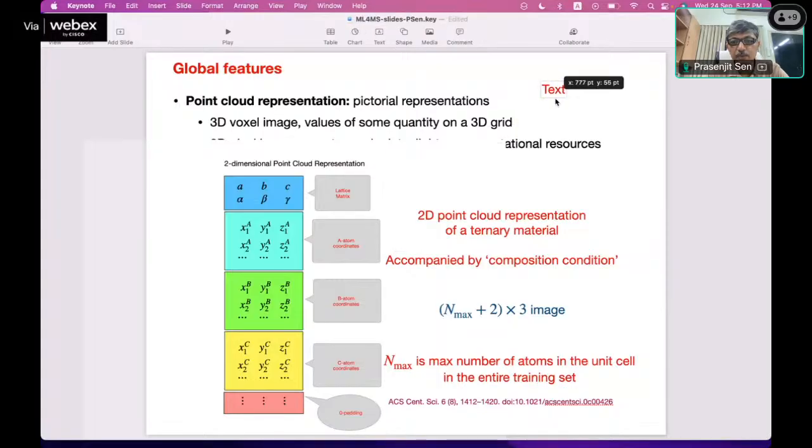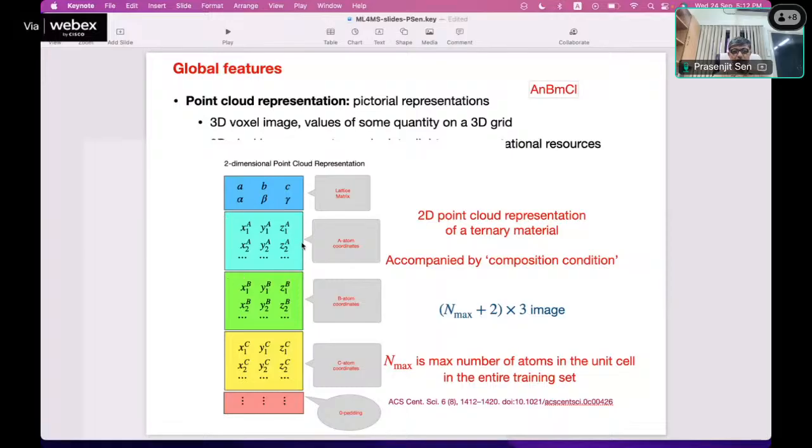So the material could be A_N B_M C_L, that is, N atoms of A, M atoms of B, and L atoms of C. So the first block has two rows, A, B, C, alpha, beta, gamma, and gives you the lattice structure.